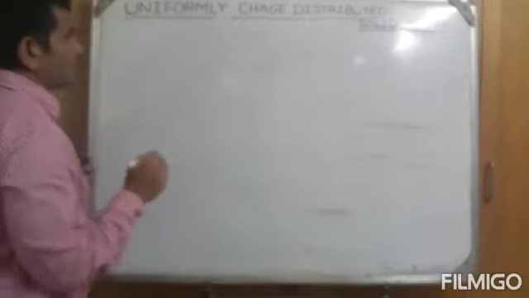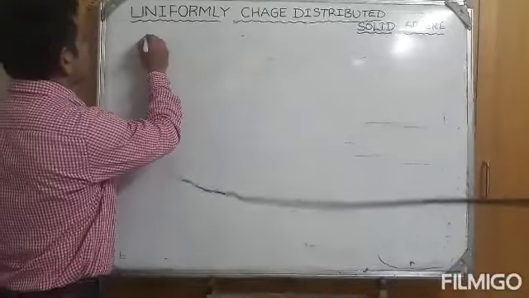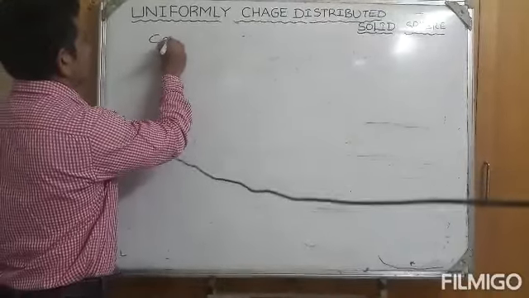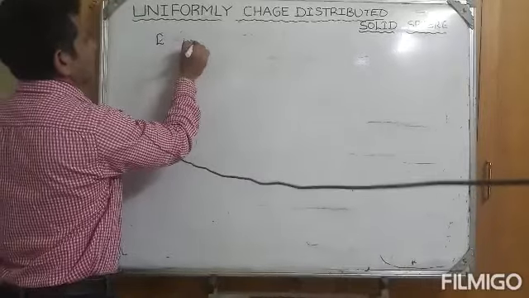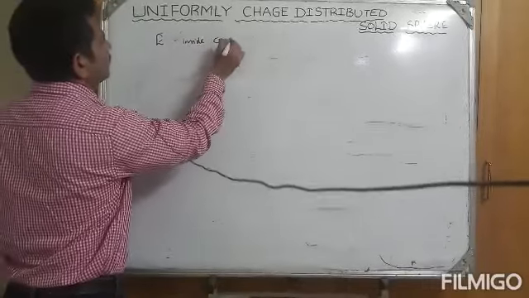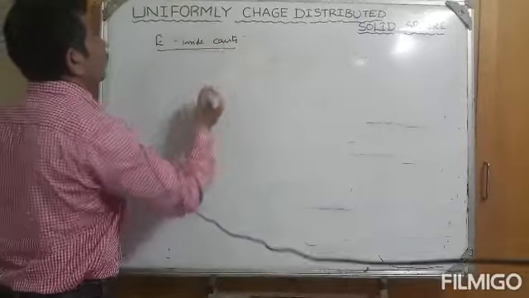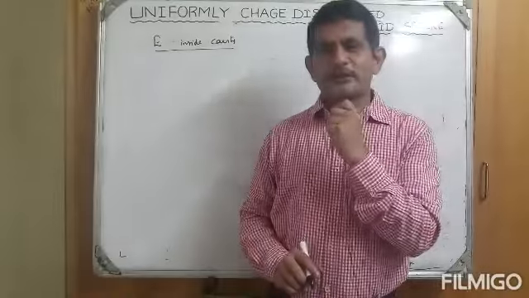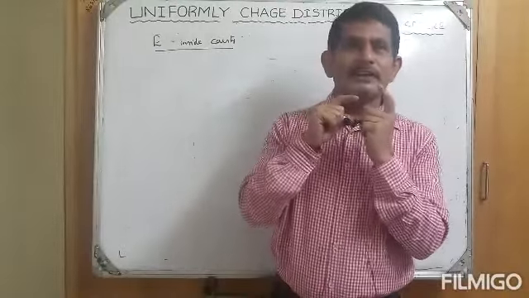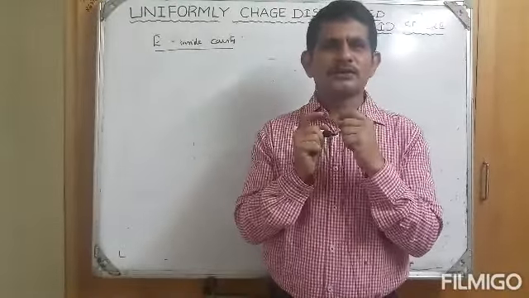So first of all, if it is cavity problems, electric field intensity E inside the cavity. What is meant by cavity? If you go for a Colgate advertisement, every moment cavity inside the tooth. What is cavity?